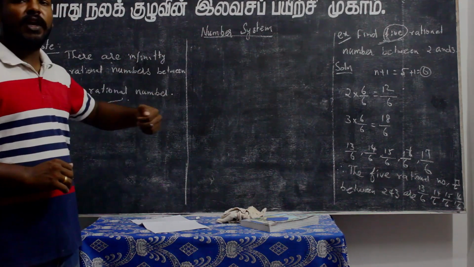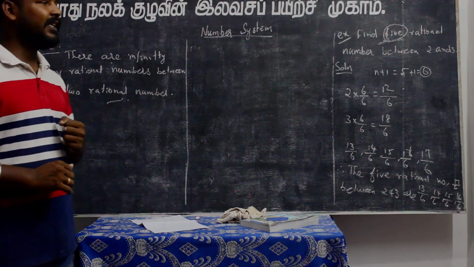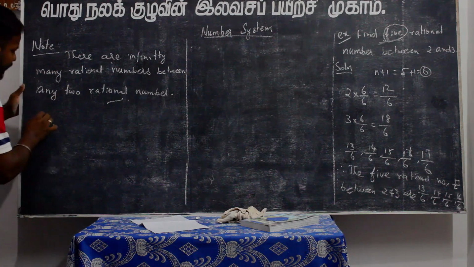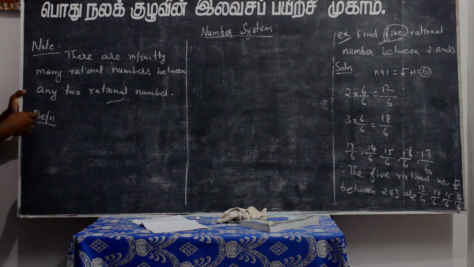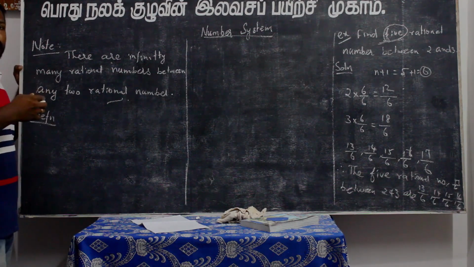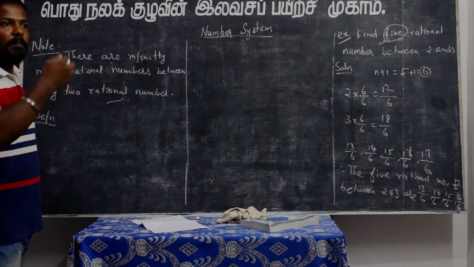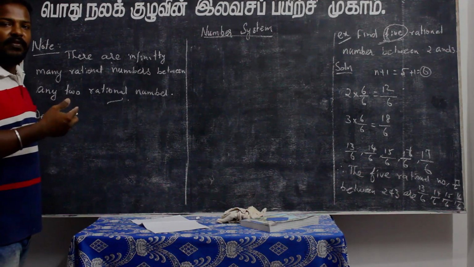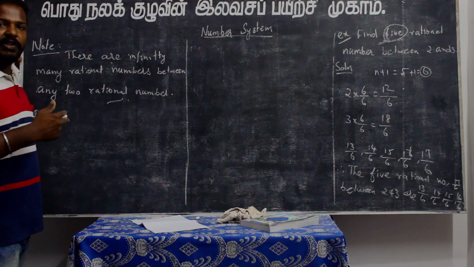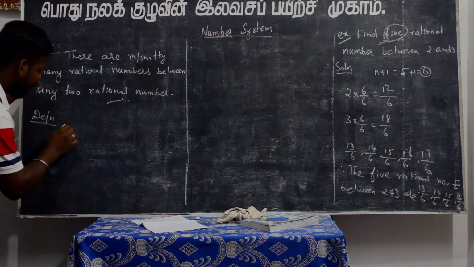The next one we are going to learn about is the irrational number. Already I have told a little bit about the definition of irrational number. If you are writing anything in P by Q format, that is a rational number. If we can't write it in the form of P by Q, that is called an irrational number.